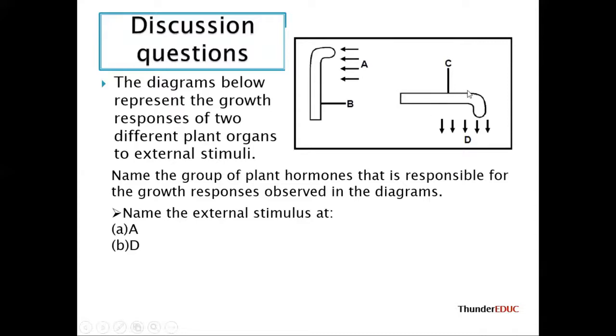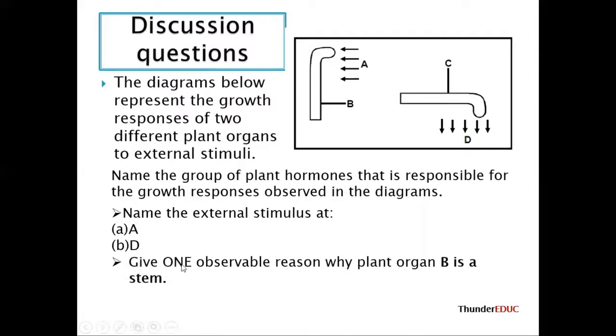Because the plant is still bending in the direction of the stimulus. Then, give one observable reason why organ B is a stem. Organ B is a stem because B is bending towards the source of stimulus A.